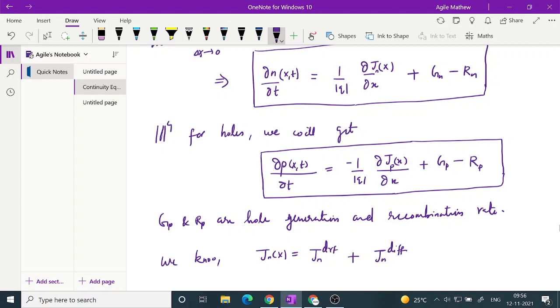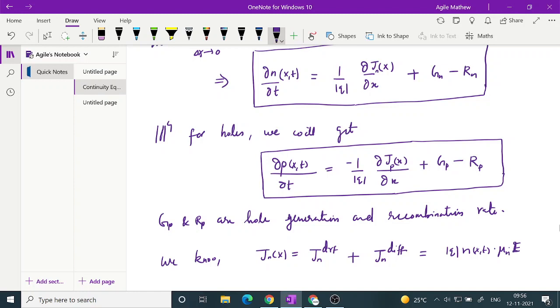If I write that, Jn drift is q n, where n is now a function of x and t, then mu n, the mobility of electron, you can call it mu e also, and then the electric field.